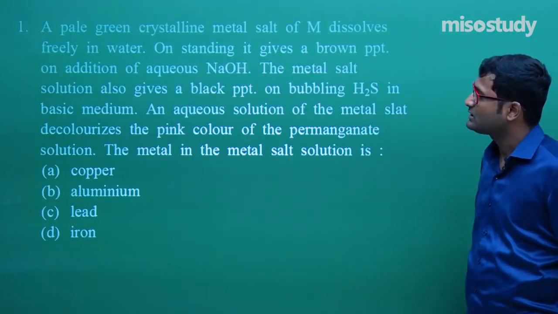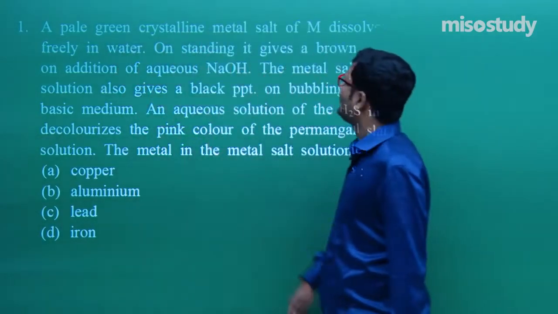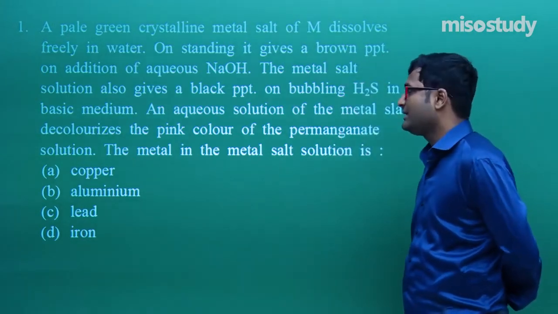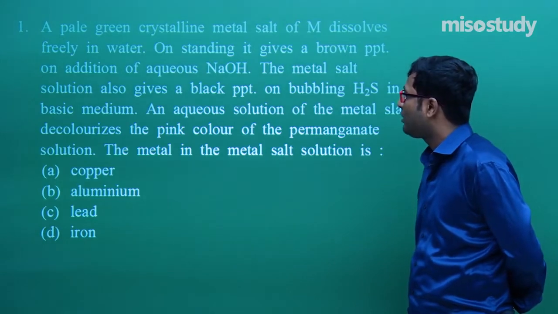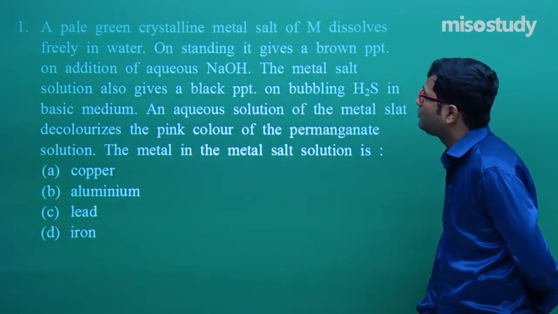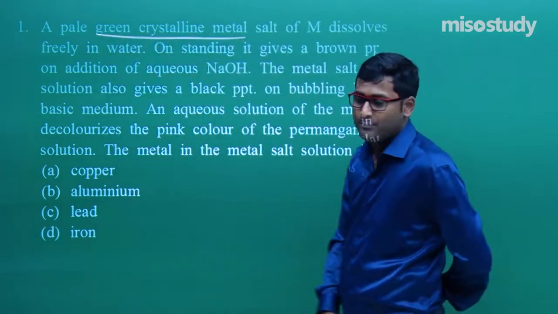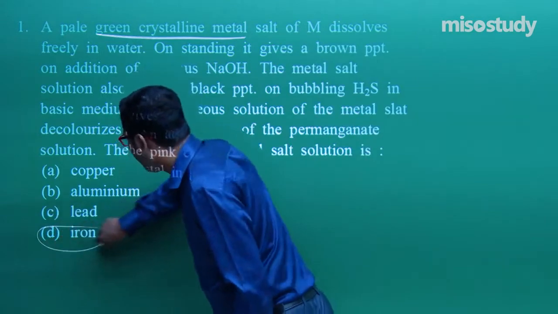Now my first question is, look at what I'm telling: a pale green crystalline metal salt of M dissolves freely in water. On standing it gives a brown PPT on addition of aqueous NaOH. As we all know, iron forms a green crystal.